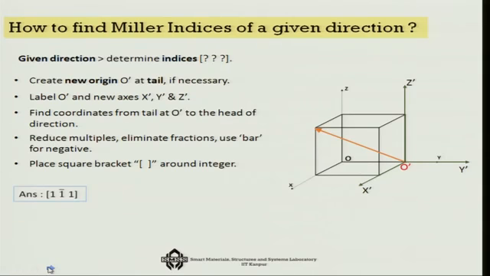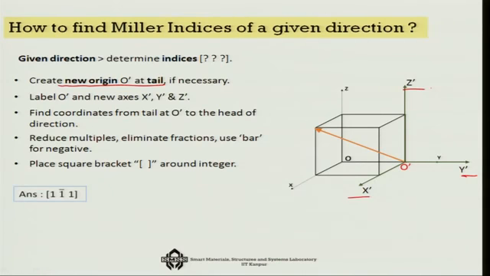Now, how to find Miller indices of a given direction? So far we have discussed the plane. For the direction, how do we do it? That is very simple. Given a direction, first create a new origin O prime at the tail, and then label O prime and new axes x prime, y prime, z prime.